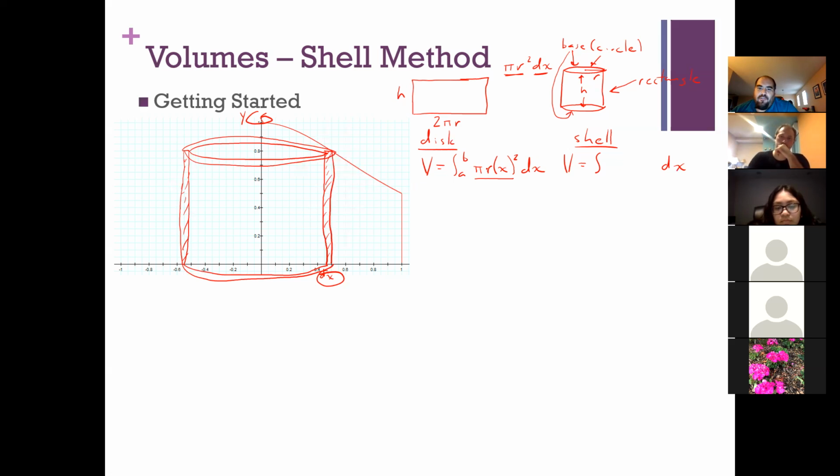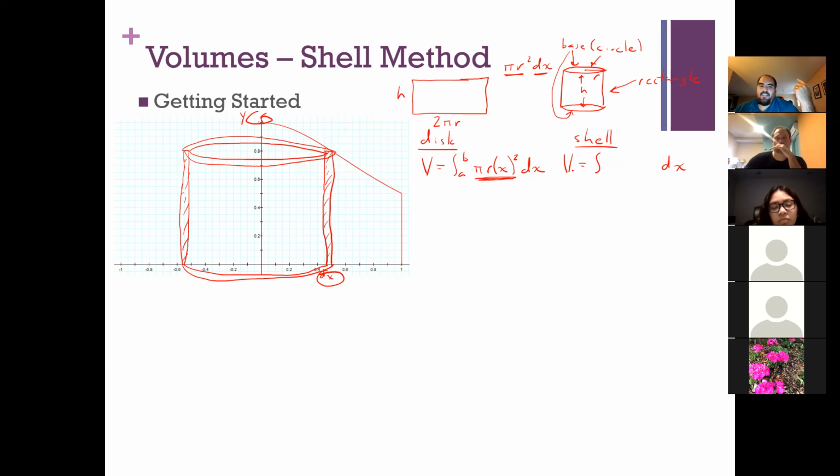All right, so going back to the disk method, we did the area of the base. Basically our integrand is the area of a base. As I briefly explained yesterday, when you integrate to find area, you're integrating lengths. So to find a 2-dimensional measurement, I integrate over some 1-dimensional measurement. For volume, which is a 3-dimensional quantity, I'm going to integrate area, which is a 2-dimensional quantity.